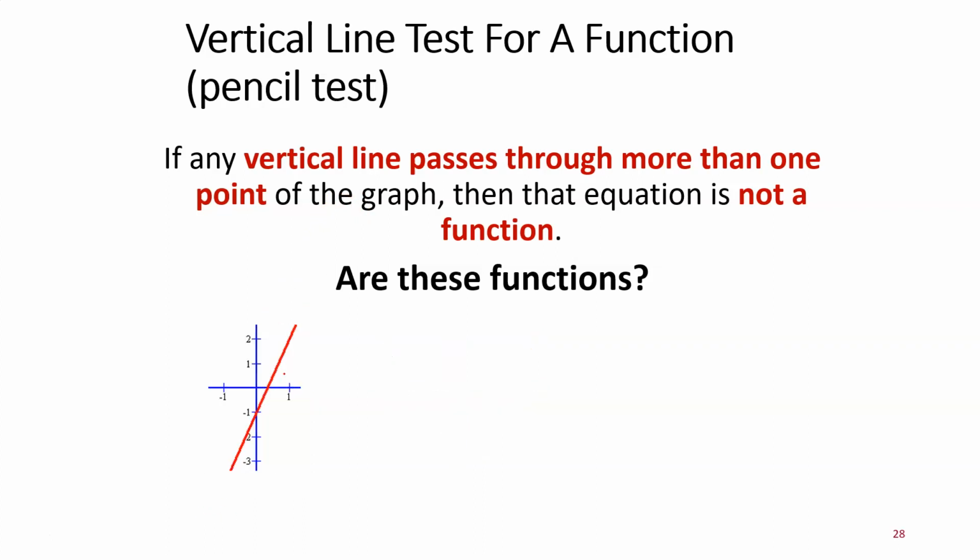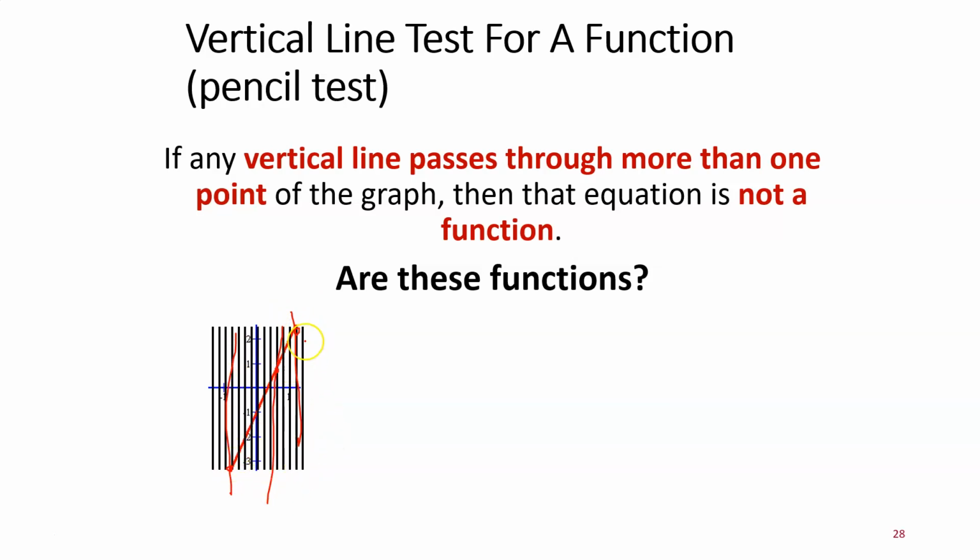Bila kita potong, you tengok setiap satu ni, kalau saya potong, dia cuma cut satu ni saja. Bila saya potong belah sini pula, dia cuma cut sebelah sini saja. Bila potong sebelah sini, dia cuma cut satu saja. So bila kita potong mana-mana pun, dia cuma cut satu saja that red line.